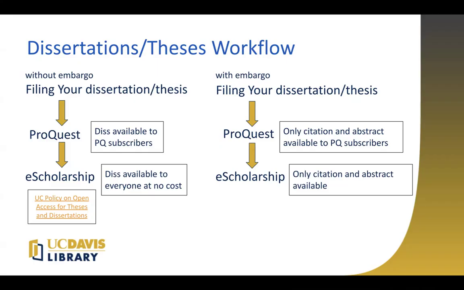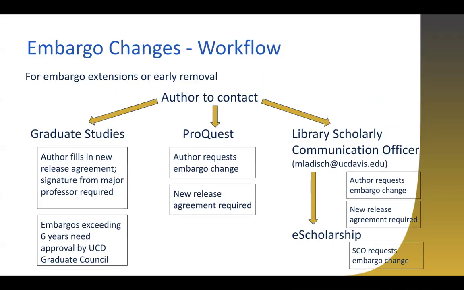And if you add an embargo for a number of different reasons, then ProQuest will honor this embargo, and the full text of the dissertation will not be available, also not to subscribers, as long as the embargo is in place. The same applies to eScholarship. You will see the citation and the abstract of your dissertation, but you don't see the full text.